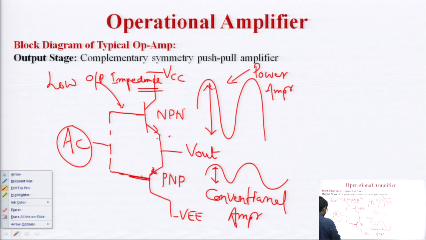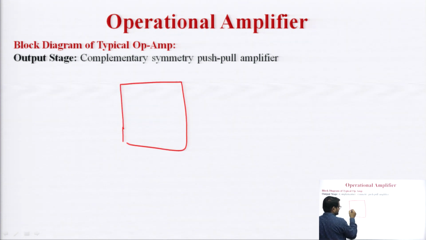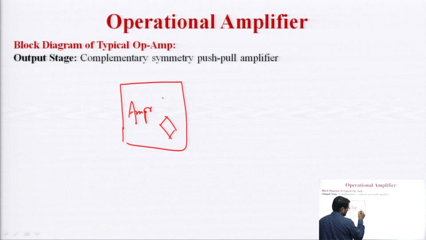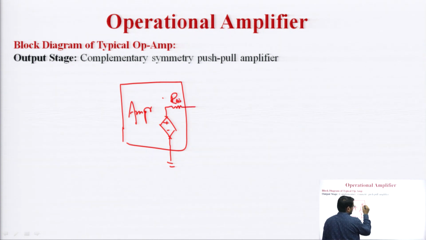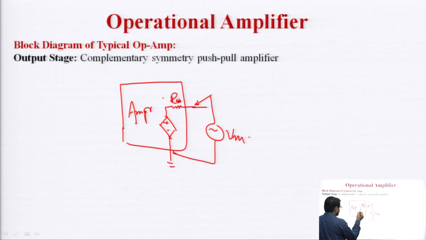What is the purpose of low output impedance? Let us suppose that we have a device, an amplifier, and it looks like this, this is the resistor RO, and we connect a VM, and this is the amplification, let us suppose A V in.